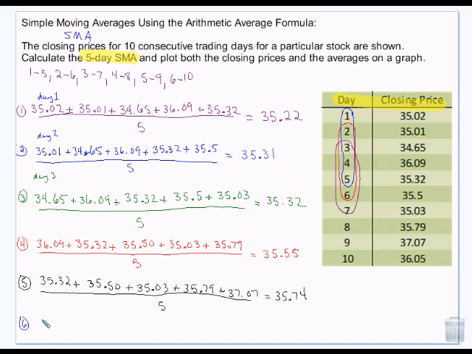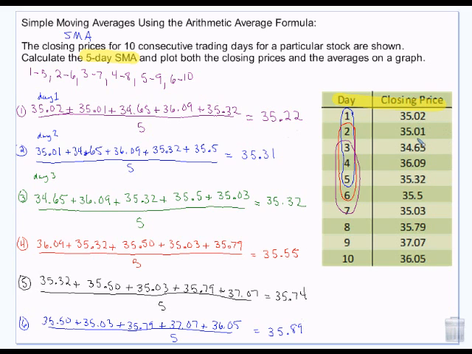Last day. Okay, these are my moving averages.